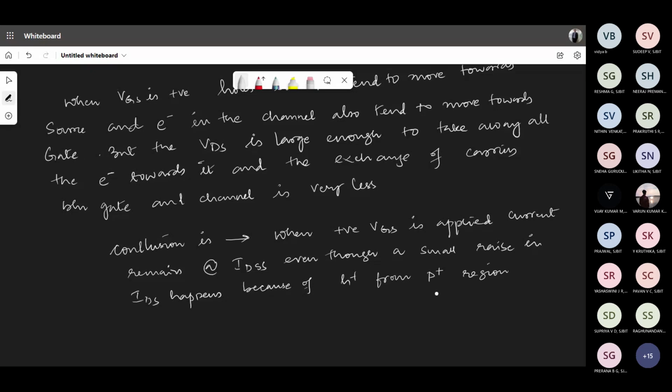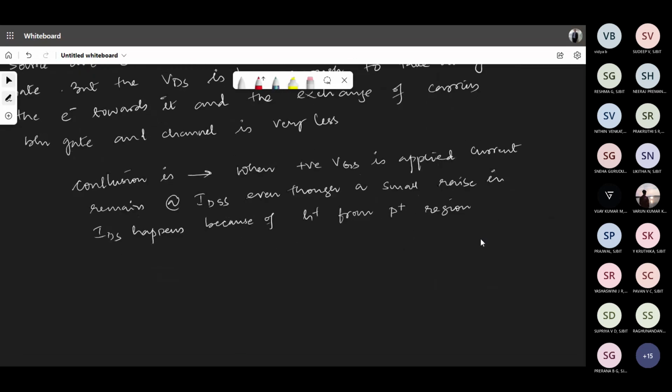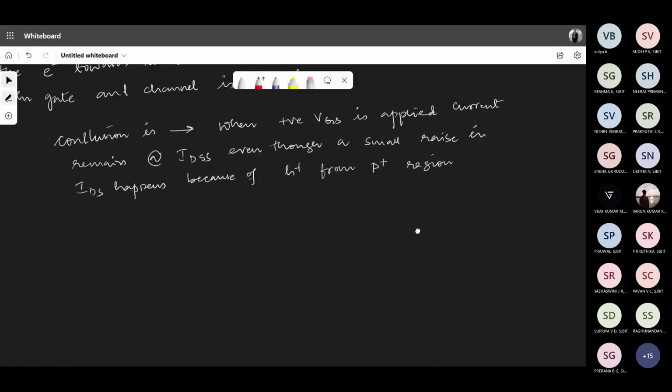But that is not considered because it's a very, very small current. That is why we can say that IDSS will always be almost standstill. No changes are going to happen in the IDSS value, even though theoretically speaking, there has to be a small increase in IDSS. This is as far as positive VGS is concerned.